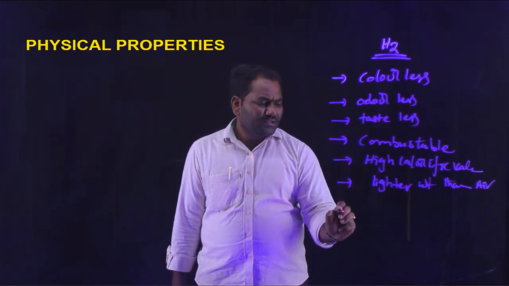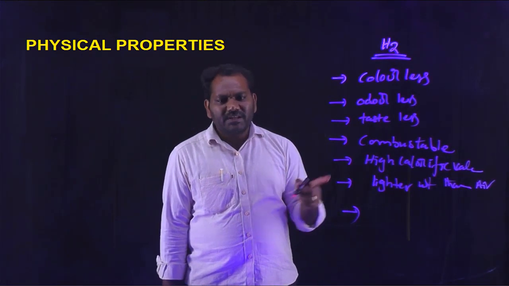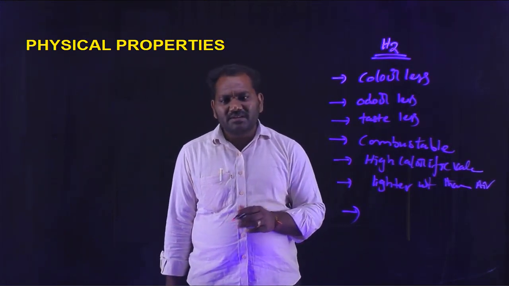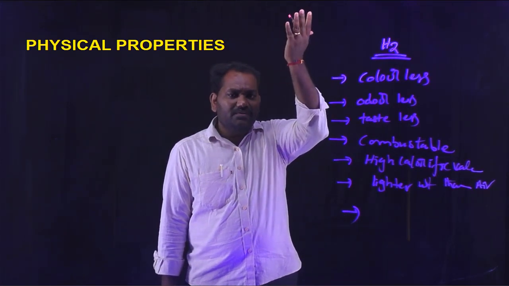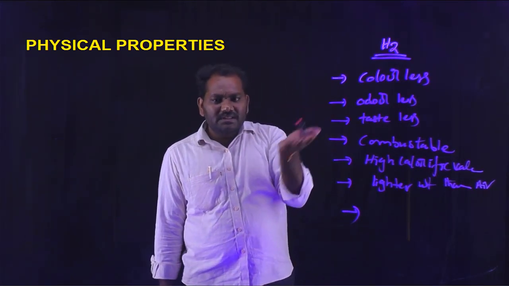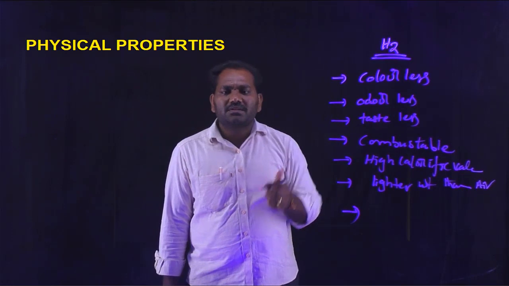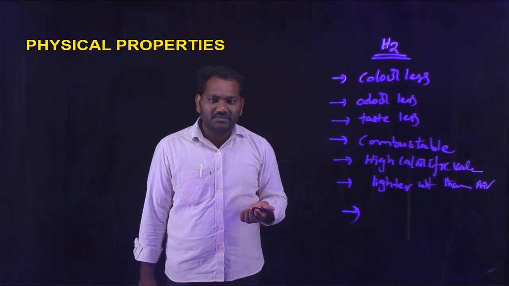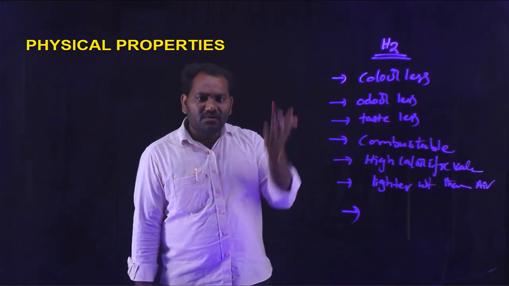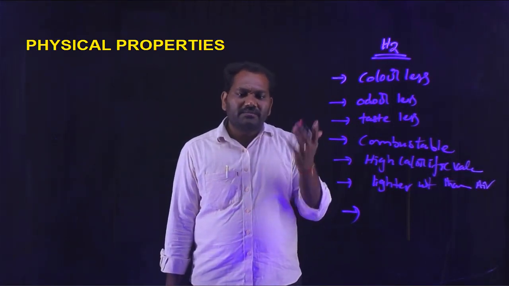So that's why a balloon filled with hydrogen gas can easily escape from the atmosphere to space. Balloons are filled by hydrogen and helium also. They easily float, flying like that.